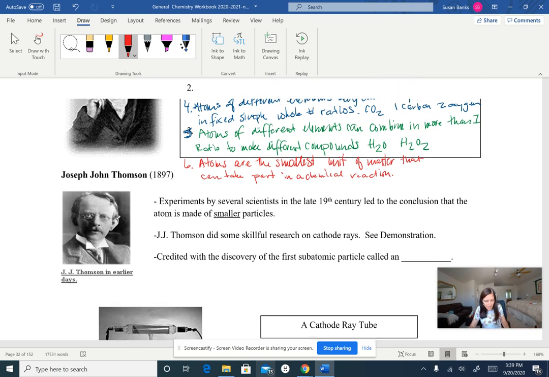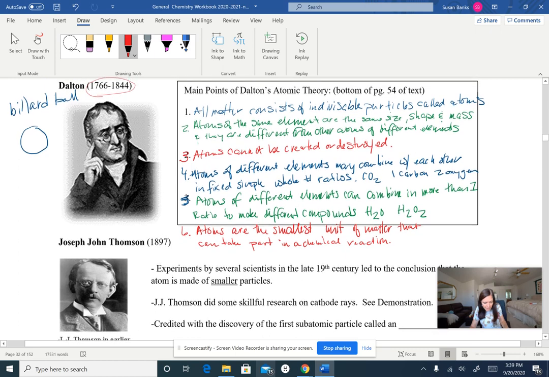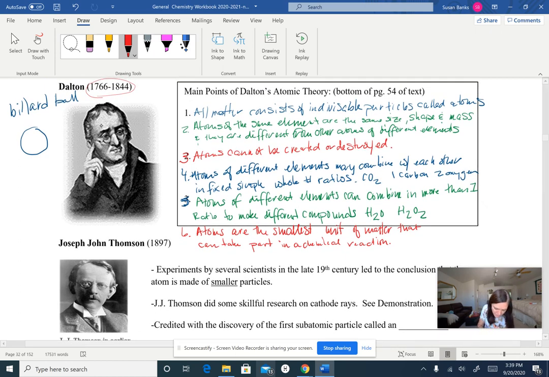Now remember, up here on idea number 1 for Mr. Dalton, all matter consists of indivisible atoms. Dalton thought that atoms were indivisible. So we thought the smallest thing ever was a hydrogen atom.